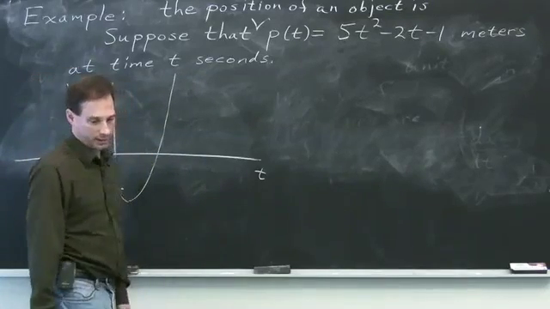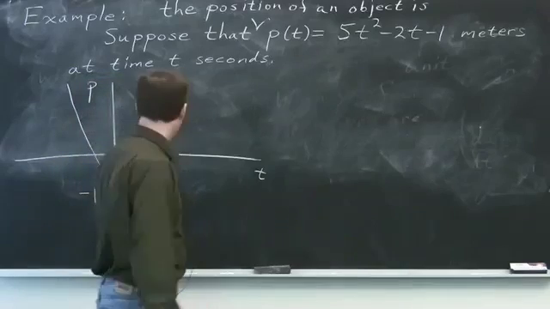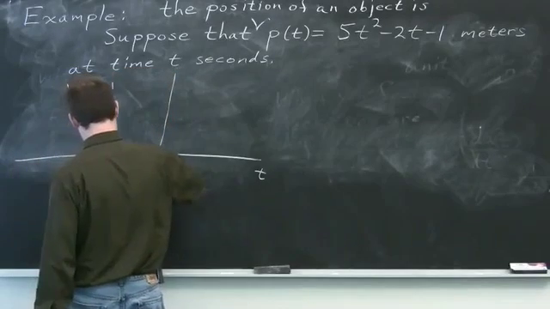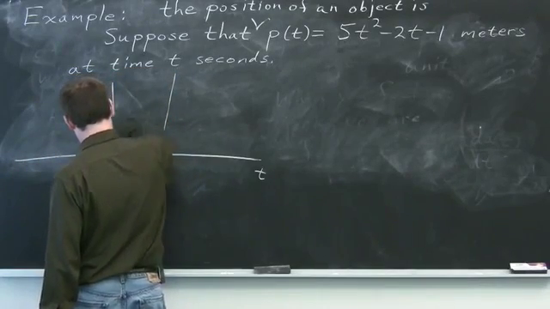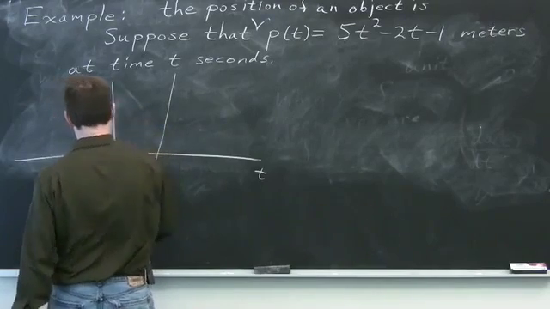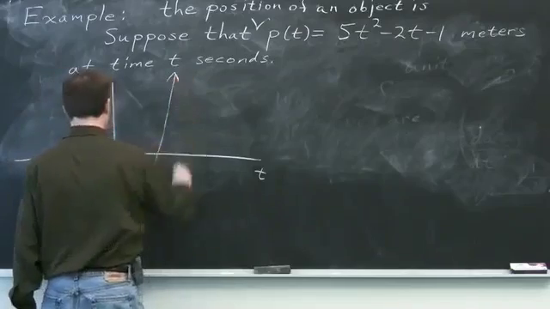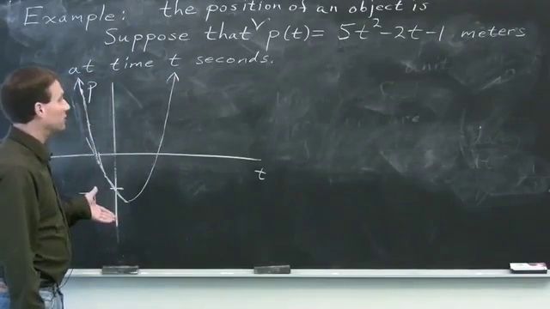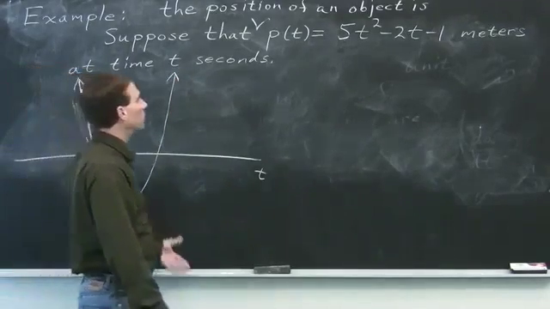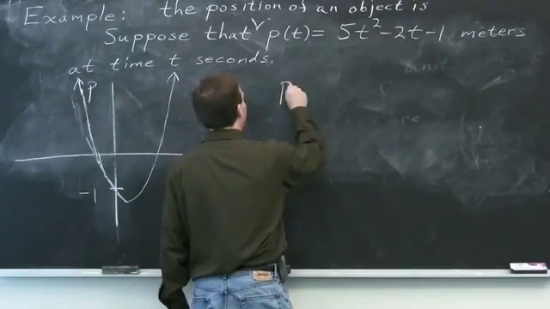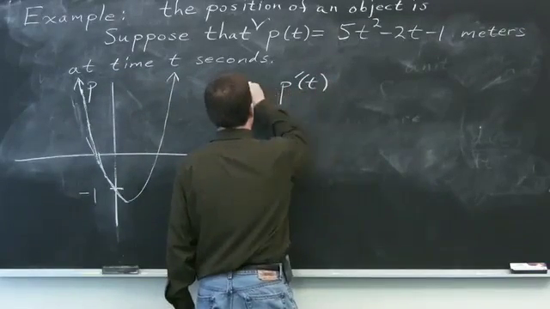So something like this. Okay, well, maybe I'll make it look more parabolic. Okay, so the graph is a parabola that curves upward. Great. So what's p prime of t, the velocity?